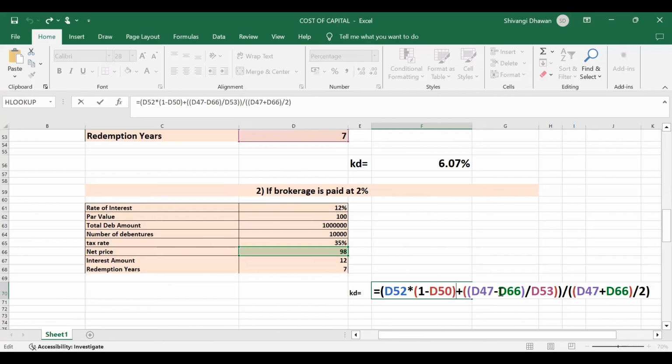Whatever formulas there are for calculation of cost of debt, preference shares, equity, or retained earnings, you just need to apply them in Excel, because there is no sure-shot method or built-in function which helps you directly calculate the cost of debt, equity, preference shares, or retained earnings. You have to apply the formulas that you studied conceptually or theoretically, and apply those terms by using cell referencing in Excel. I hope you understood the question.